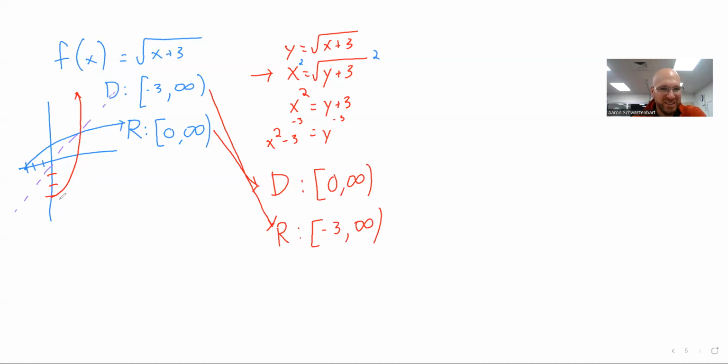And my result is I only get half the parabola. F inverse of x is not x squared minus 3 unless I restrict the domain, because my original didn't have all of that in its range. Sometimes inverses do not have the full domain of what's normally written there. Okay. This was example 7. And that is section 1.5.